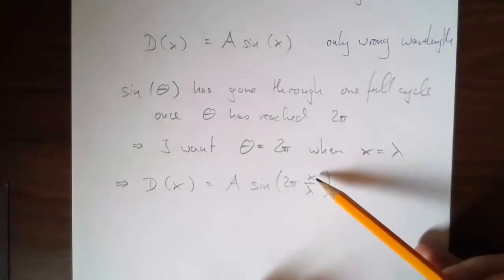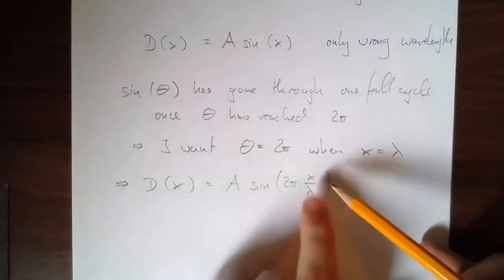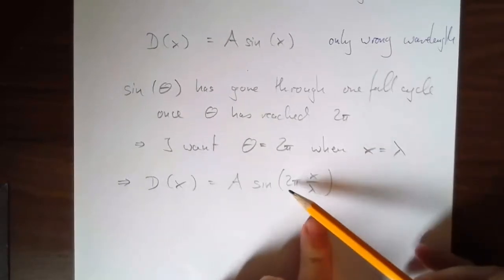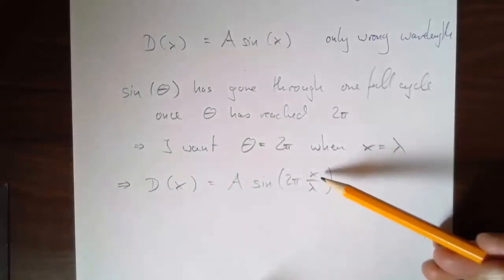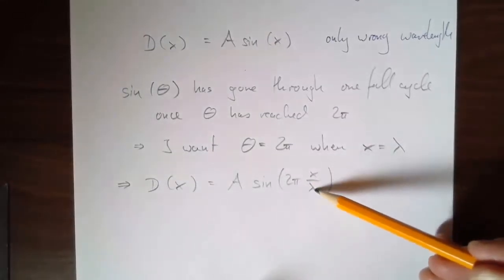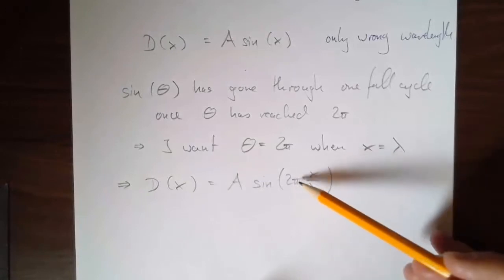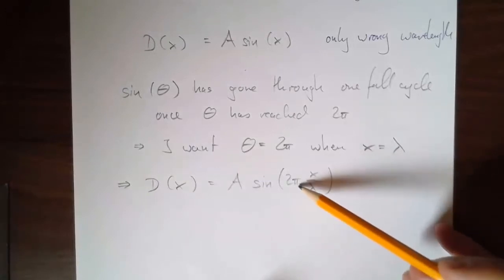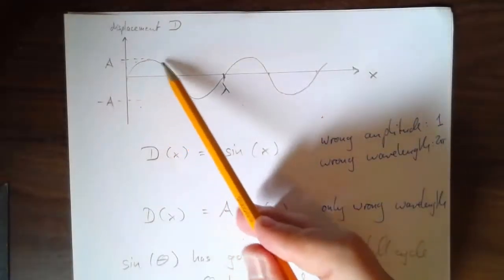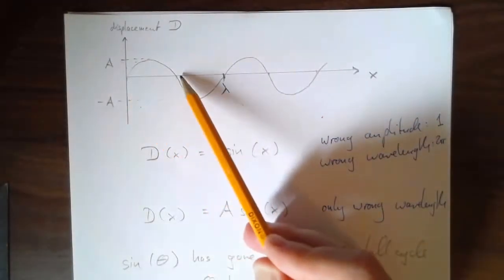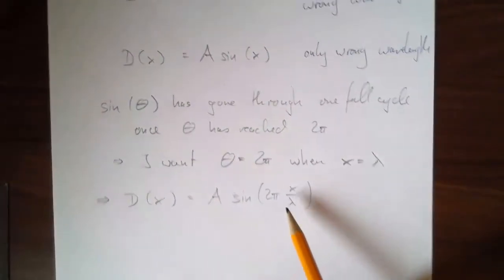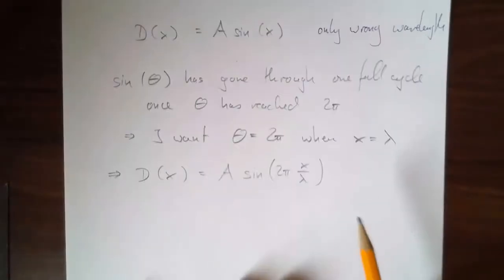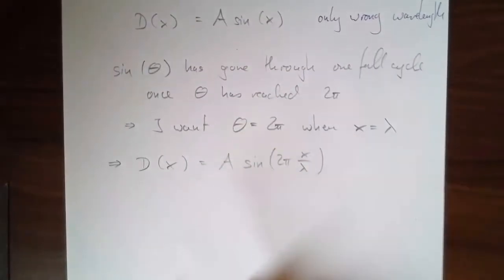Then x grows, and when x is equal to lambda, this fraction is just 1, so I'm indeed at sine of 2 pi, one full cycle is complete. If x were half lambda, then I get 2 pi times a half, which is just pi. It would take me to here, like sine of pi. It's this point on the sine pattern. So that works again, right? Half a wavelength. So this gives me the right expression.